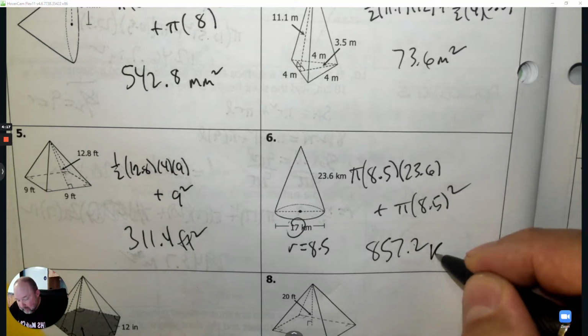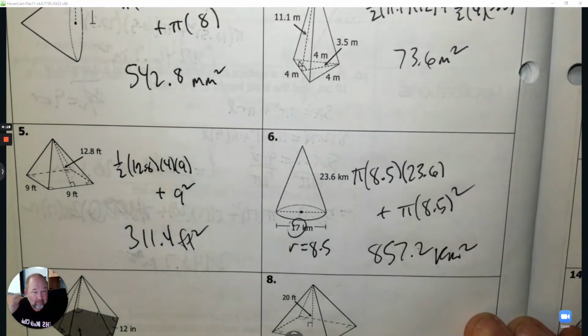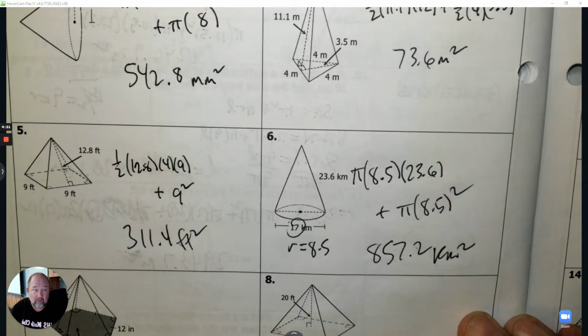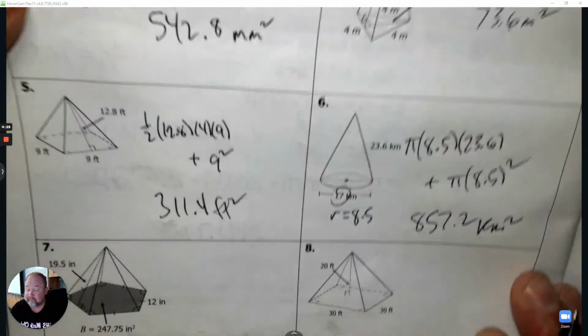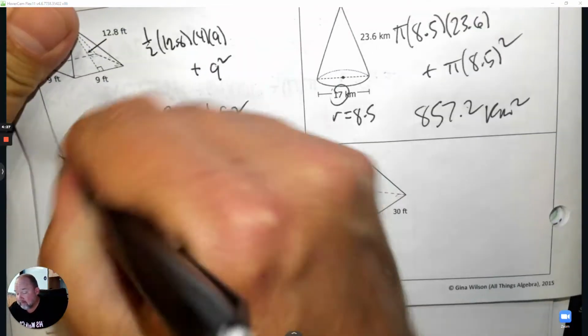And that's kilometers squared. That's a big area right there. That's a big, big cone. Here we go. Kilometers. Wow. All right. Number 7, you're not going to do.